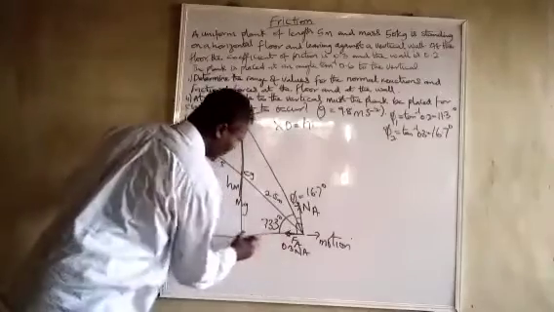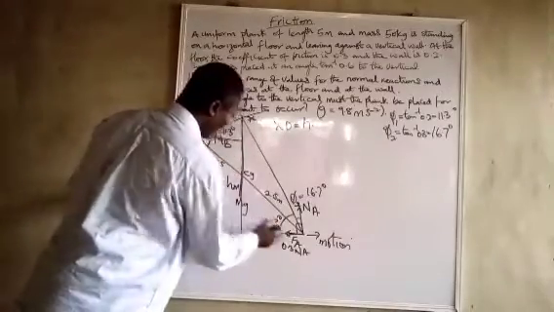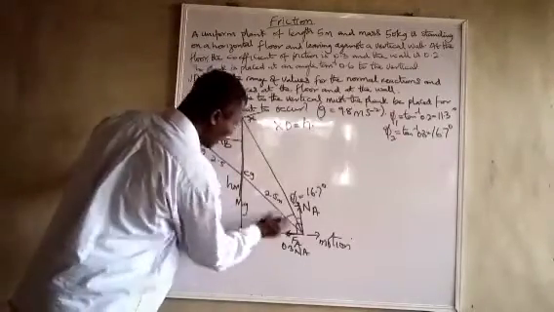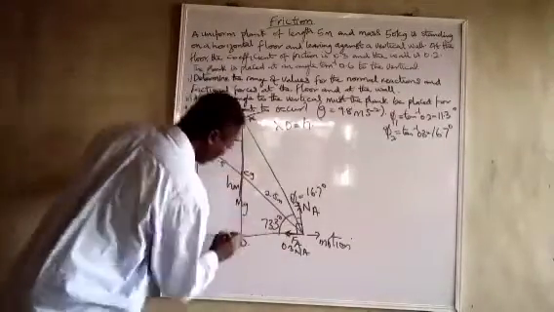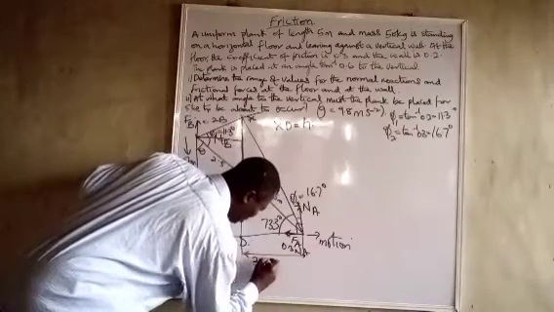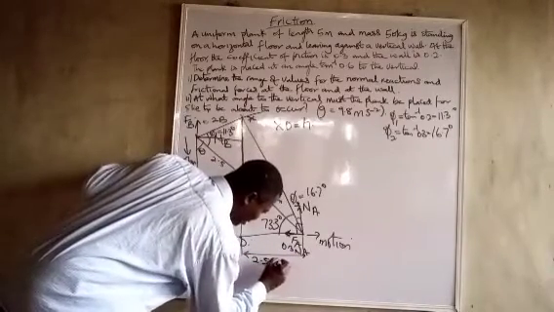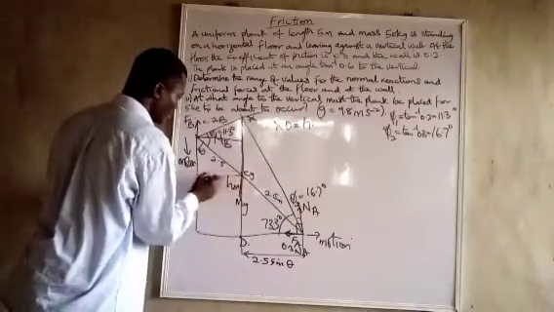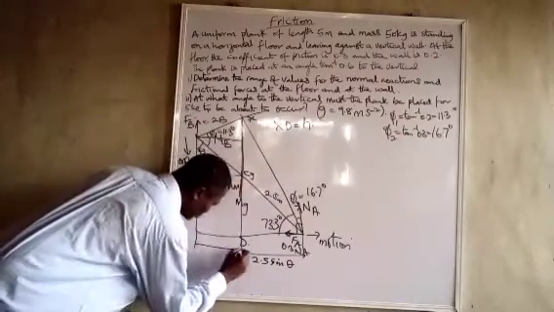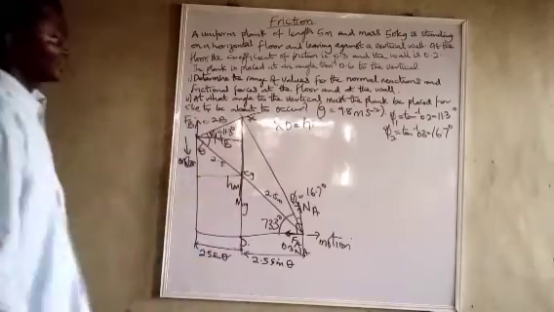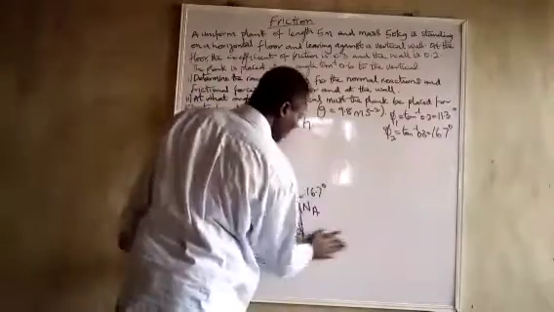So this place, as you can see, will be 2.5 sine theta. So from here to here is 2.5 sine theta. And from here to here is 2.5 sine theta. So we are just trying to use our knowledge of trigonometry.